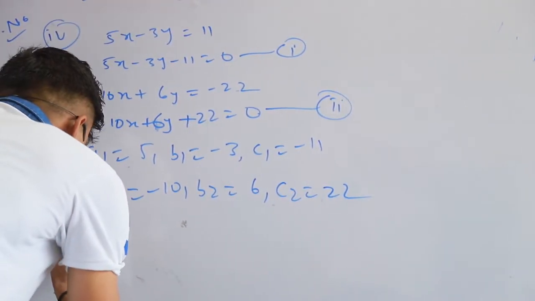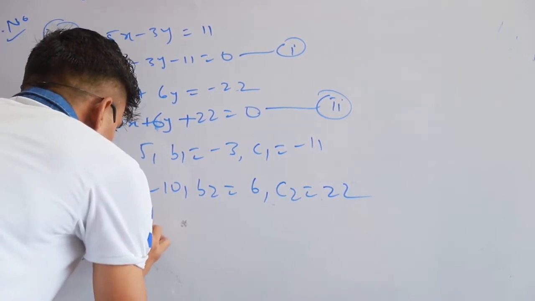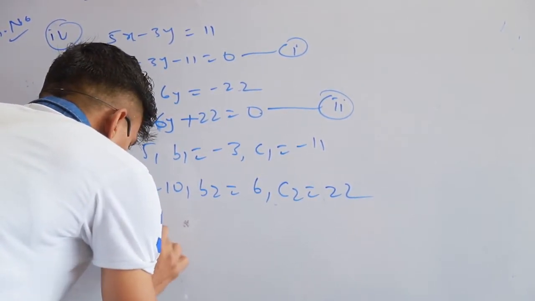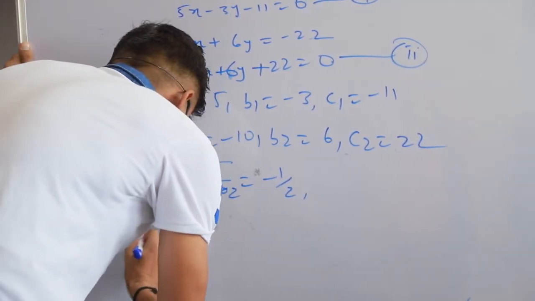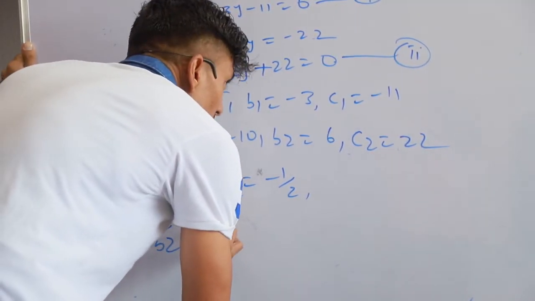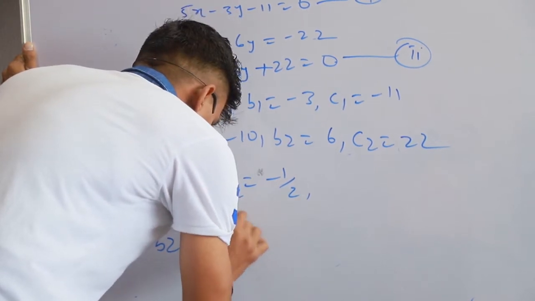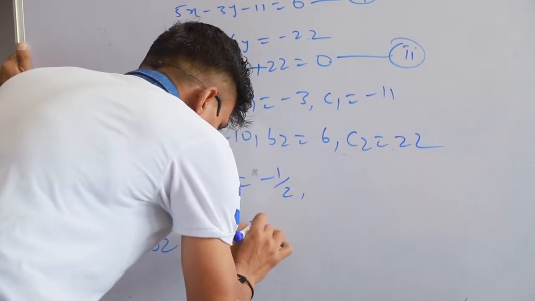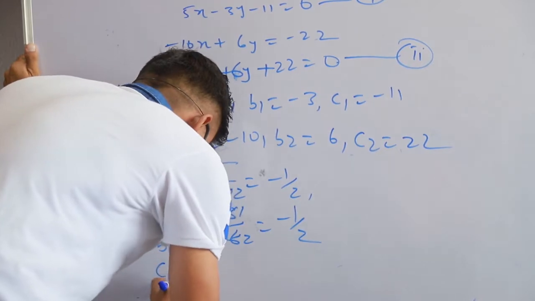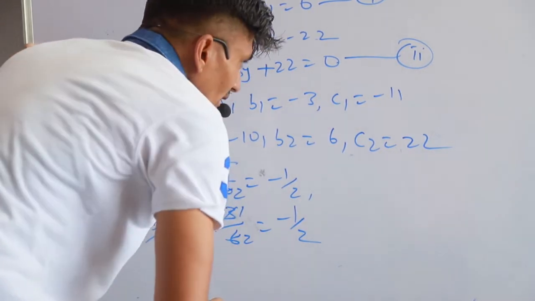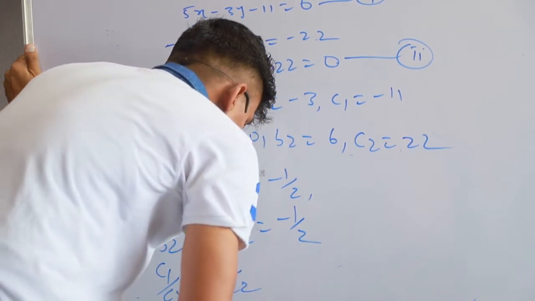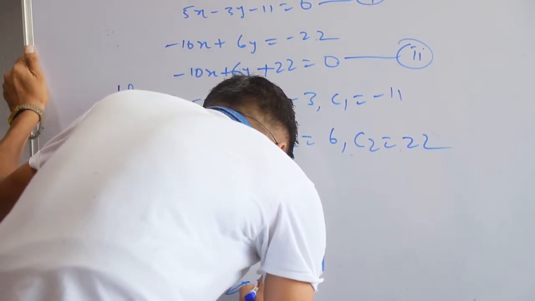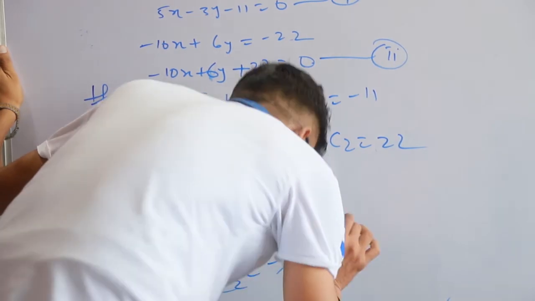Here a1 by a2 is equal to 5 by minus 10 that is equal to minus 1 by 2. b1 by b2 is equal to minus 3 by 6 that is also equal to minus 1 by 2, and c1 by c2 is equal to minus 11 by 22, that means minus 1 by 2.